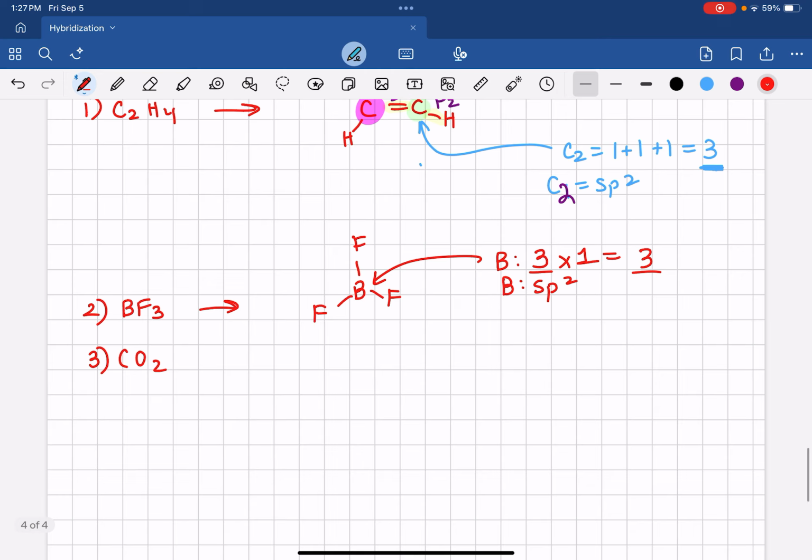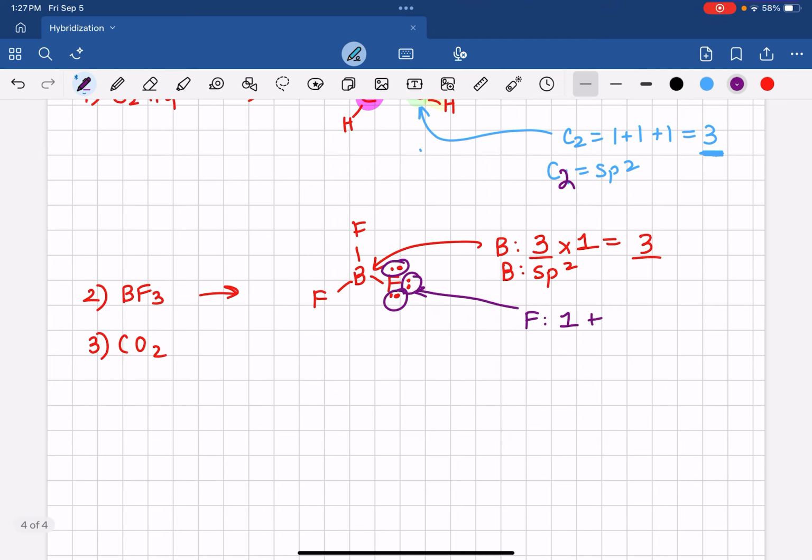Okay, and then if we want to do fluorine as well, let's fill in the electron pairs. Fluorine is connected to 1 single bond, plus it has 1 lone pair, 2 lone pairs, 3 lone pairs, making it a total of 3. That gives me 4 regions.